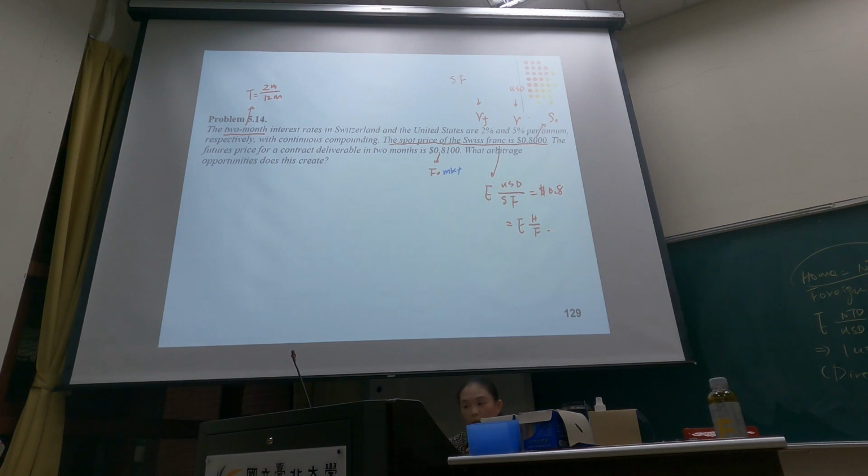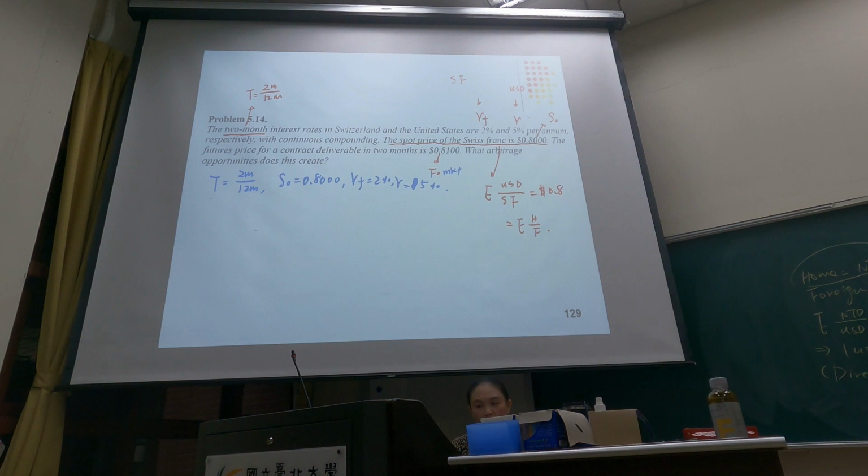That's the market. So again, we want to compute the theoretical F0 first. T equals 2 months over 12 months. S0 equals 0.8000, basically 0.8. RF equals 2%, R equals 5%.